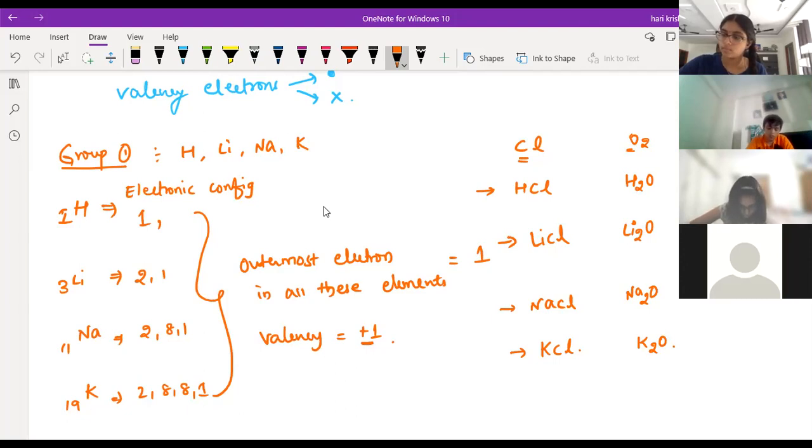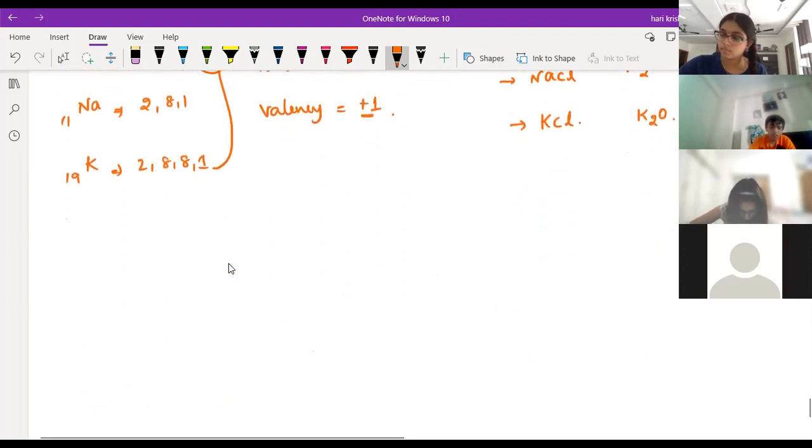Understanding? The main statement I want to explain is, if you take any group in the periodic table, listen carefully first, afterwards you can copy that.